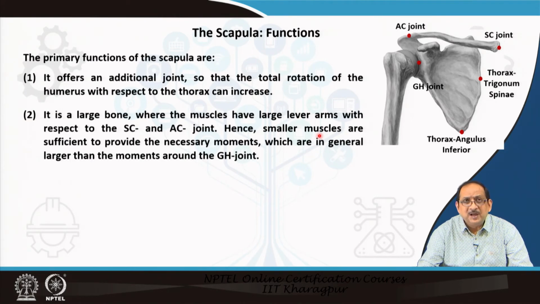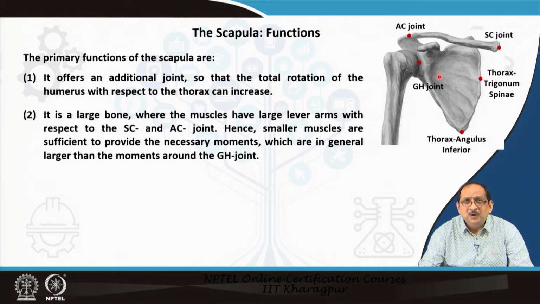Let us look into the functions of the scapula. The first important function is that it offers an additional joint so that the total rotation of the humerus with respect to the thorax can increase. It is a large bone, as you can see already in the figure, where the muscles have large lever arms with respect to the sternoclavicular joint and the acromioclavicular joint.